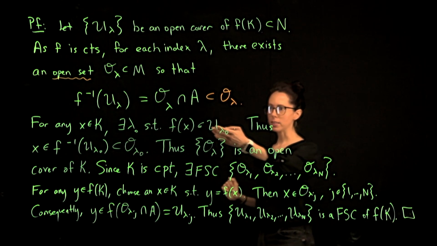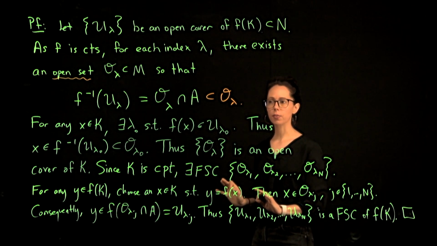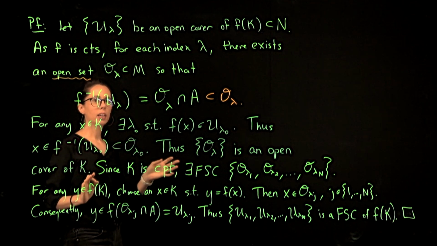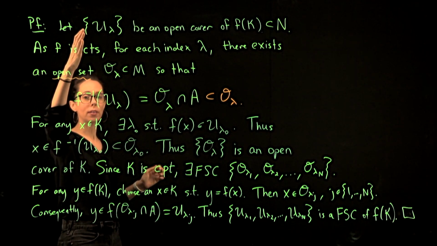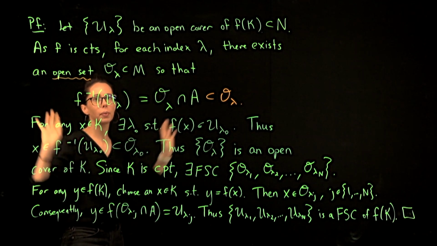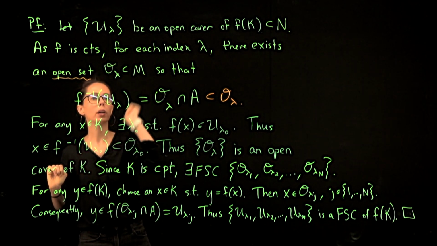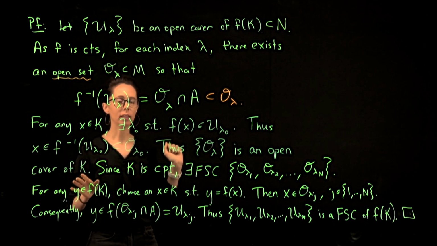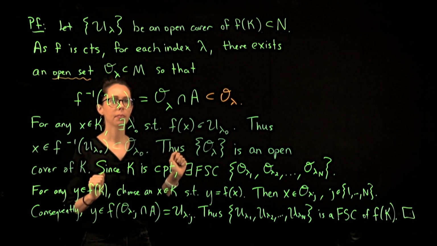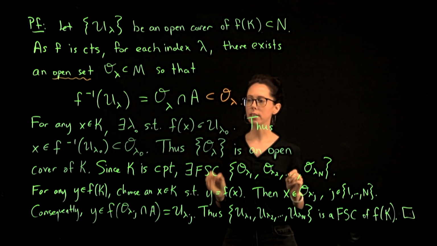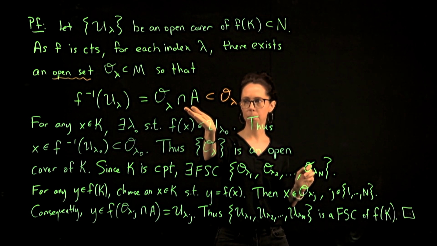I think passing back to the O lambda is the hardest part for students to follow. There's no prescriptive form for what these look like. What we're saying is for each one of these, so go through every single one of these, it could be an uncountable collection, but for each one, there should be an O sub lambda back in the domain, or back in the original metric space, so that the preimage of U lambda can be written as the intersection of O lambda and the domain.